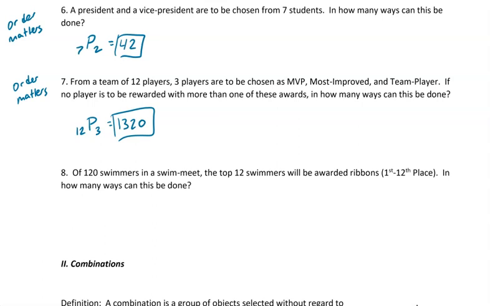All right, last one for permutations. Out of 120 swimmers in a swim meet, the top 12 swimmers will be awarded ribbons, 1st through 12th place. In how many ways can this be done? So again, obviously it matters if you get 1st place versus 12th place, right?